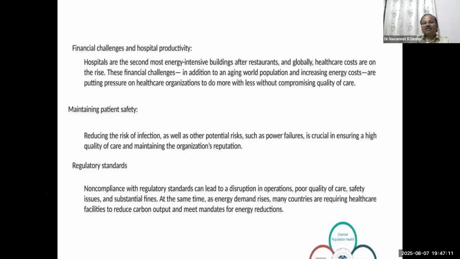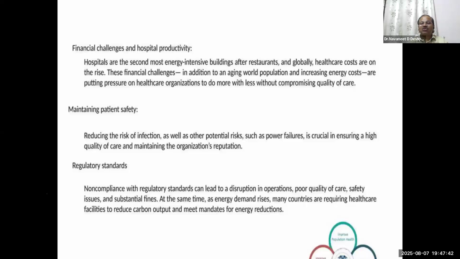At the same time, as energy demand rises, many countries are requiring healthcare facilities to reduce the carbon output. On top of that, we have global warming and climatic disruptions which are happening, and that has to be addressed by taking care of rainwater harvesting, using the latest modes of energy generation, then disposing of waste, segregating waste, and recycling.